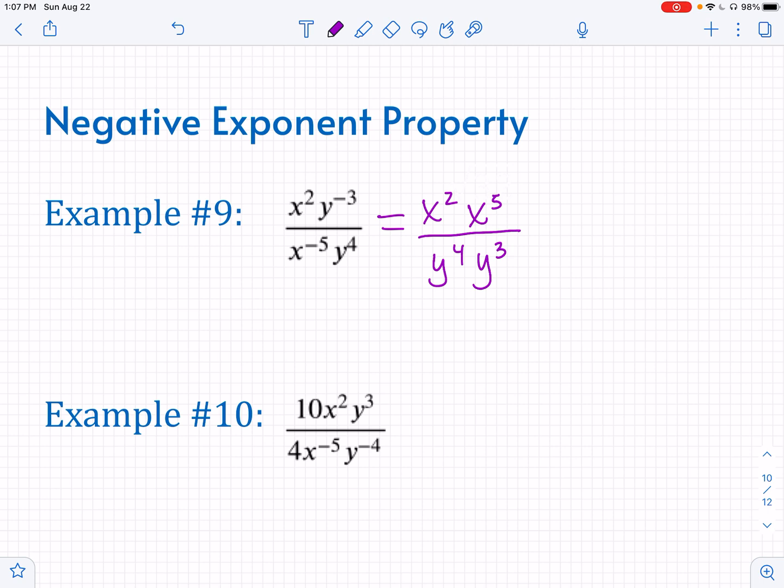Positive numbers. So now you can just say, okay, x squared times x to the fifth is x to the seventh. y to the fourth times y to the third is y to the seventh. And I cannot simplify anymore because I have a single x-based expression and a single y-based expression. I'm done.